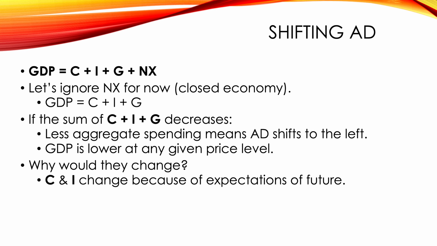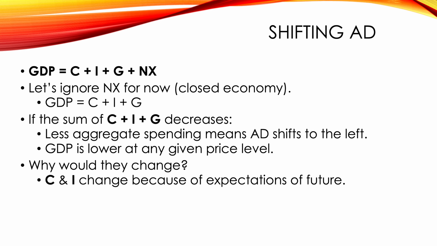Well, C and I, consumer spending and investment spending, primarily change because of expectations of the future, right? Consumers try to predict what's going to happen in the future with their own personal financial situation, and they'll make spending decisions based on that. Firms do the same thing, right? Firms look at the future economy as best they can and say, okay, is the economy going to be good or is it going to be bad?